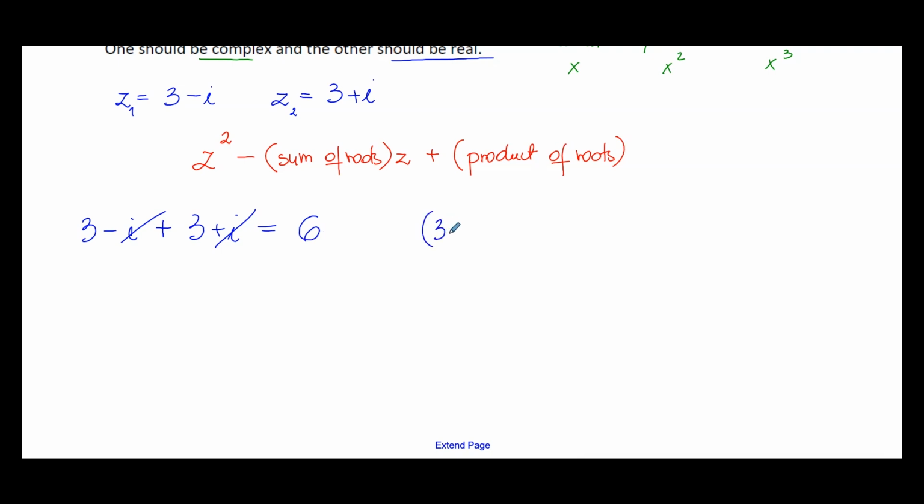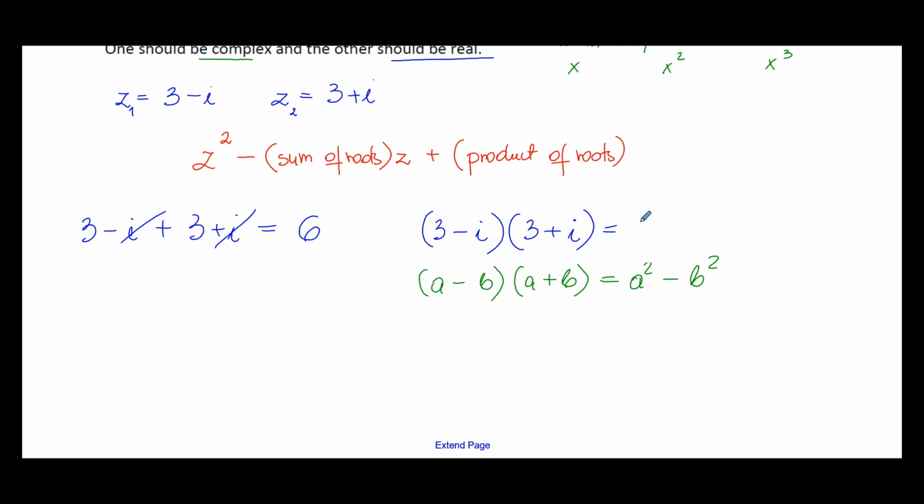Product of roots: let's multiply 3 minus i by 3 plus i. When I have two brackets with the same elements, and the only difference between them is plus and minus, that equals the first number to the power of 2 minus the second number to the power of 2.